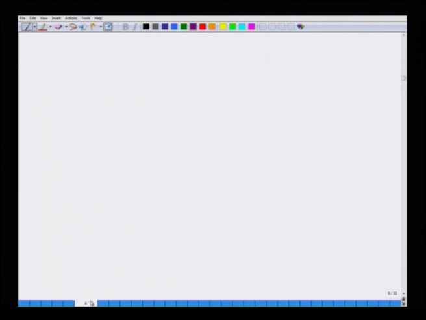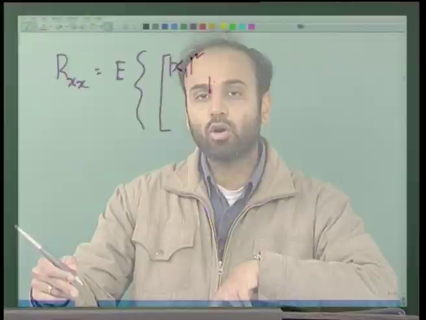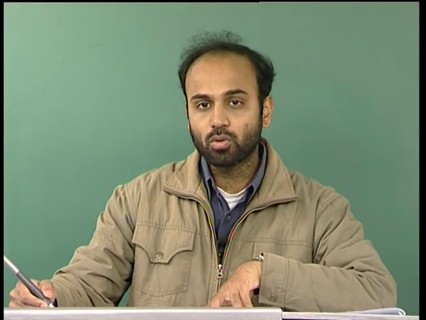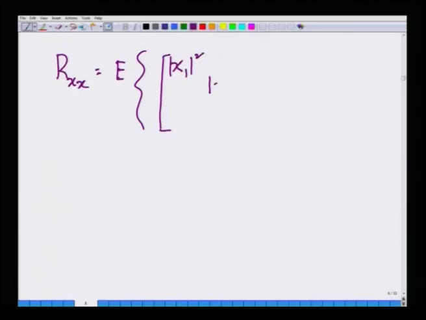Hence, the transmit covariance R x x is nothing but the expected value of x1 x1 conjugate, which is nothing but norm x1 square. So on the diagonals we will have norm x1 square, norm x2 square, which is x2 x2 conjugate, and so on.